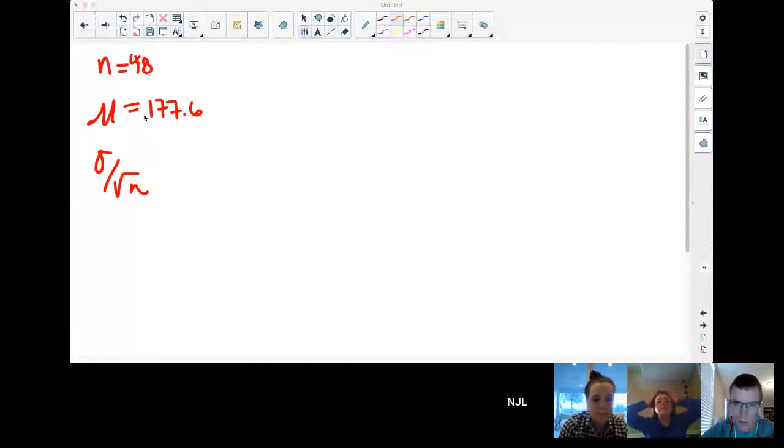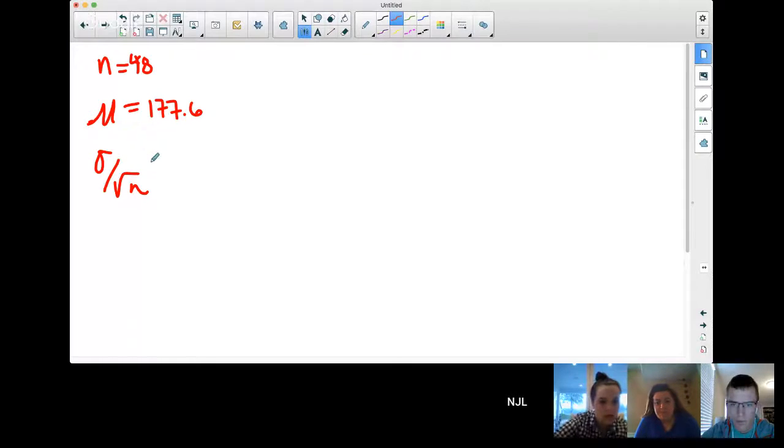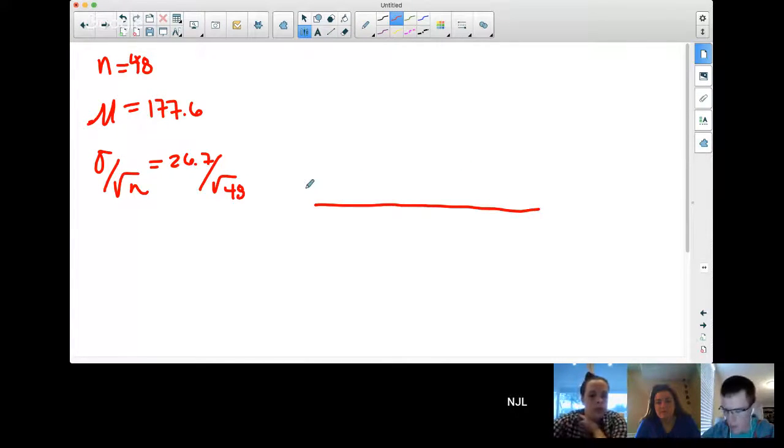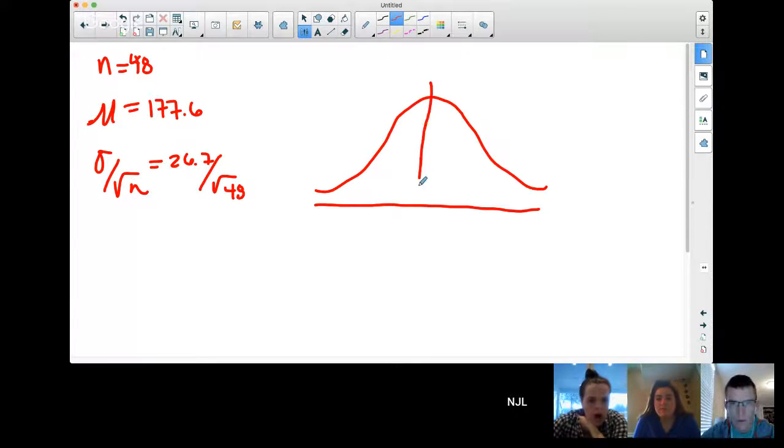Yeah. And the standard deviation was 20, so this is going to be 26.7 divided by the square root of 48, right? Yeah. Now that I have that, then I draw myself a picture. You don't have to do it this way, but this is how my brain works.